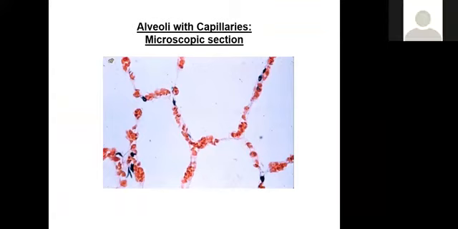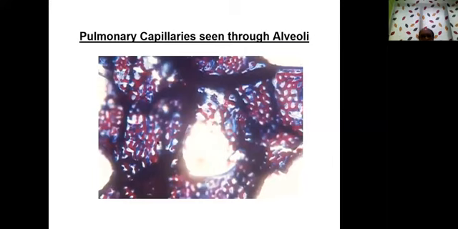And this is a slide where you can just imagine you're sitting inside the alveoli and you see externally how it looks. You can see the pulmonary capillaries, the pulmonary artery, and the pulmonary veins. So this is a complex structure. This is in one alveolus, so you can just imagine there are multiple alveoli and the surface area involved with gas exchange.